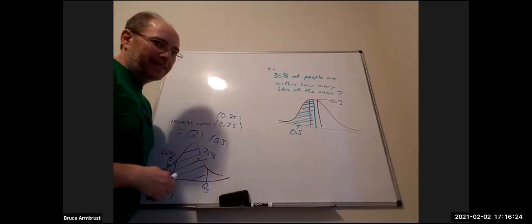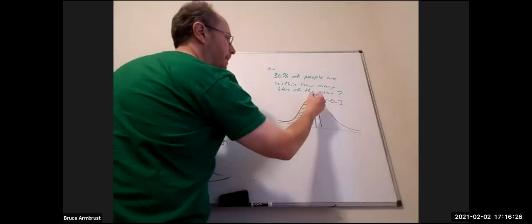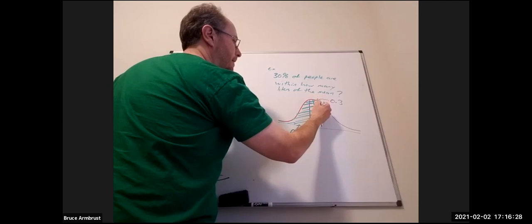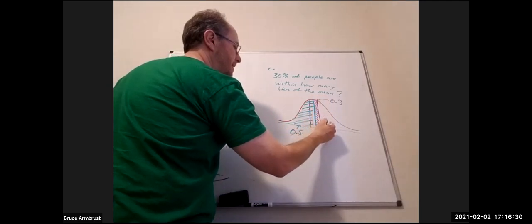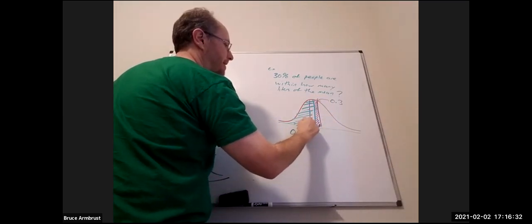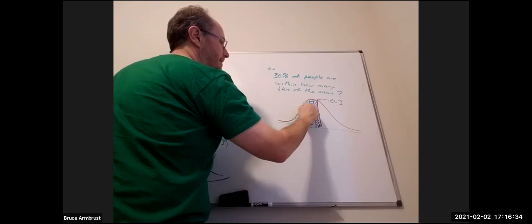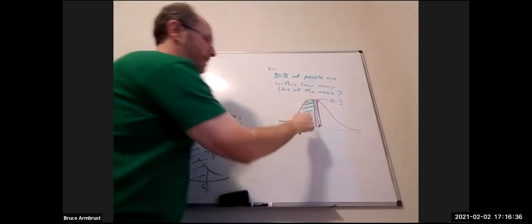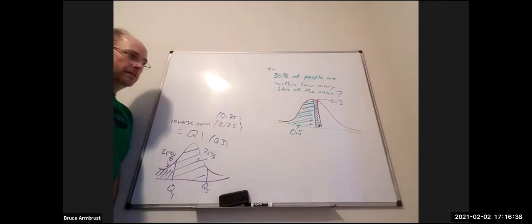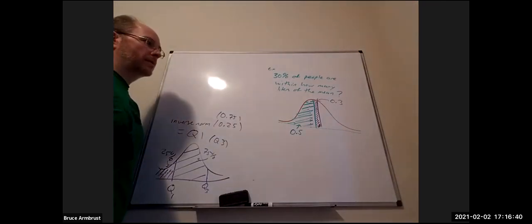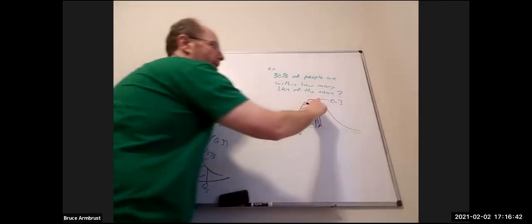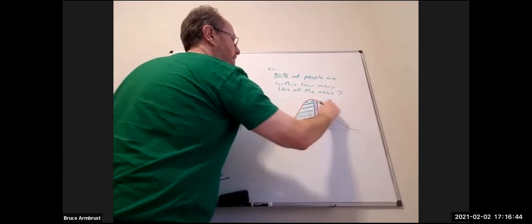Now let's see if we can be sneaky. So let's just think about this purple area that's to the right of the mean. Let's just think about that piece right there. Can you tell me how much area is in there?